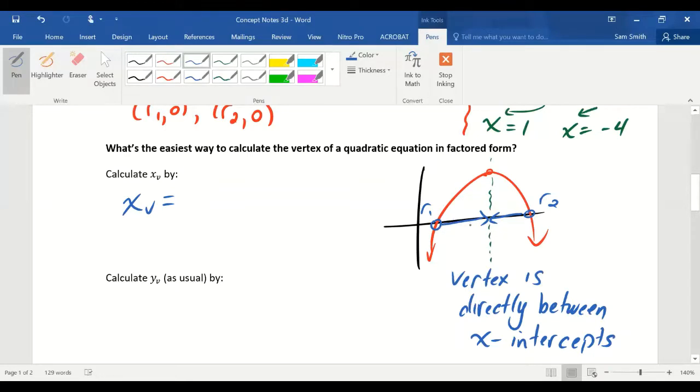What number is directly between those? You may recall that if you want to find the number which is directly between two other numbers, you can take those numbers and average them. Average them to go directly between the x-intercepts.